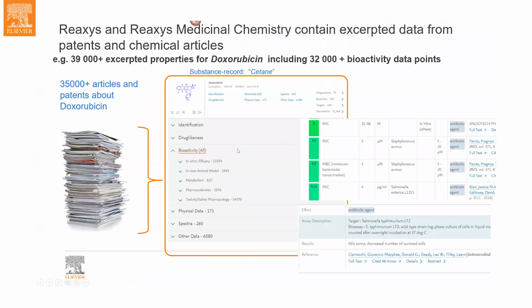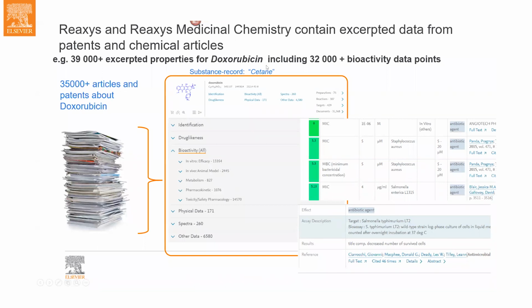So why is it important? Because from one substance record, you can get a huge amount of different information taken from different patents and articles. For example, this is the page for the typical antibiotic doxorubicin.